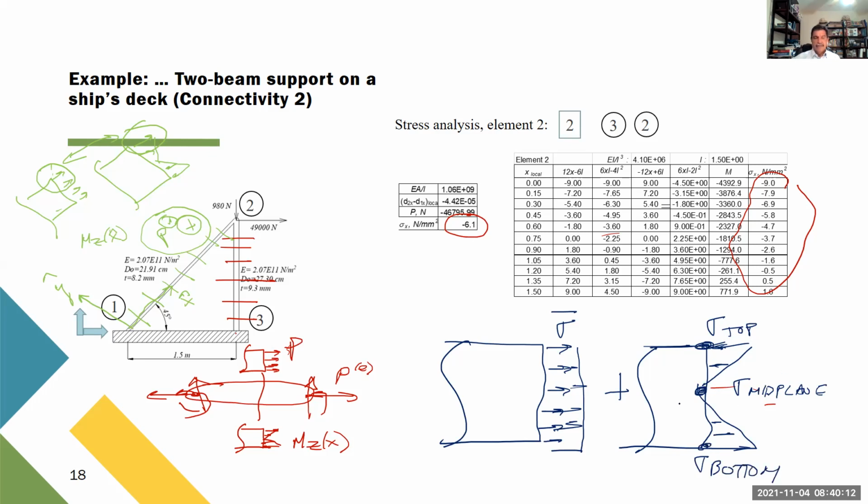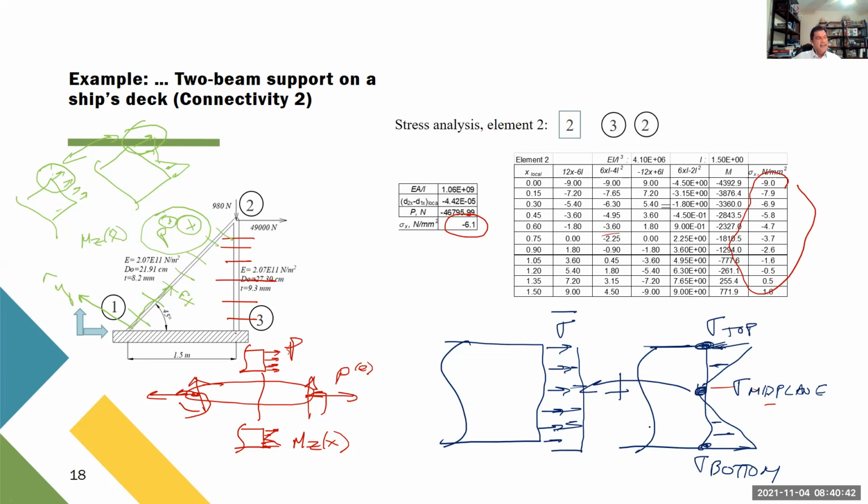So you have three values. So in general, especially when we work with plates, you say, okay, I need the stress. Where? At the top, mid plane, or at the bottom? And you see that at mid plane, basically, you consider only the stress because of the axial force. At the top or at the bottom is a combination.